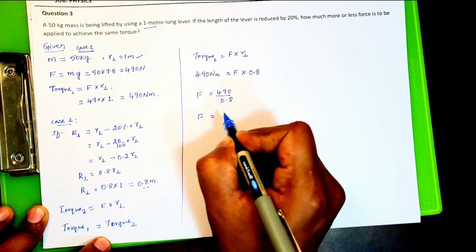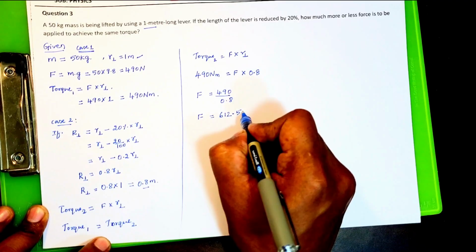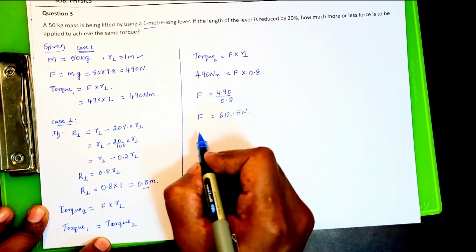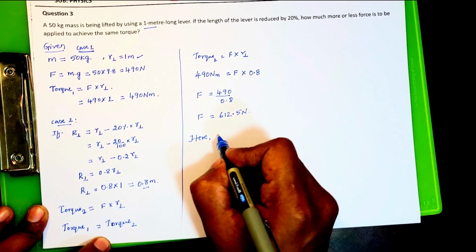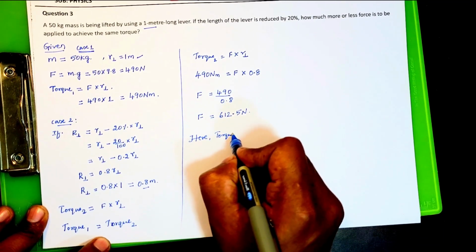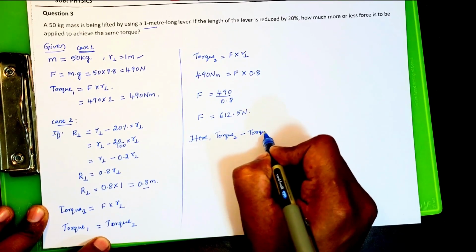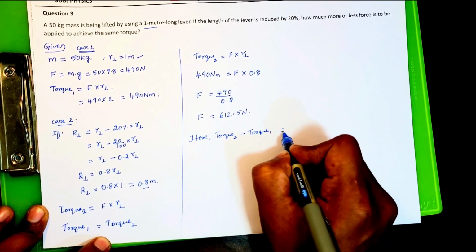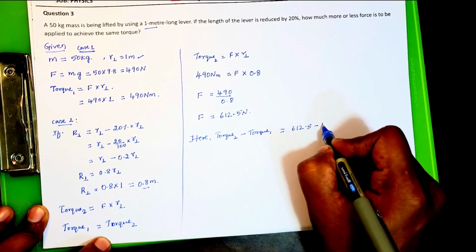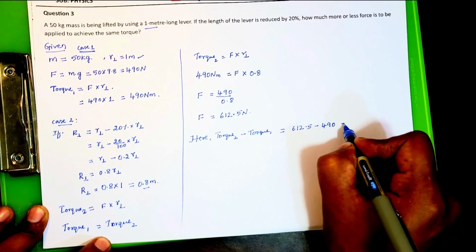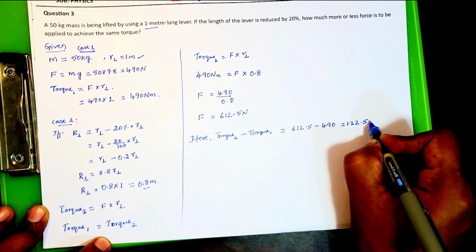So force is equals to 612.5 Newton. So here, torque 2 minus torque 1 is equals to 612.5 minus 490, that is equals to 122.5 Newton.